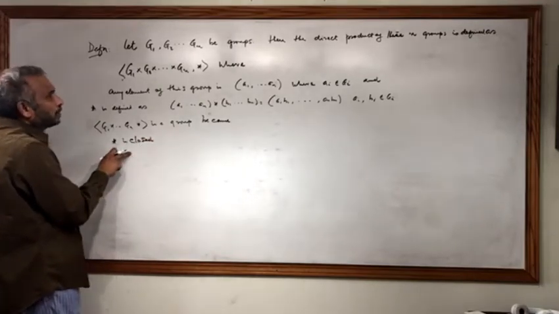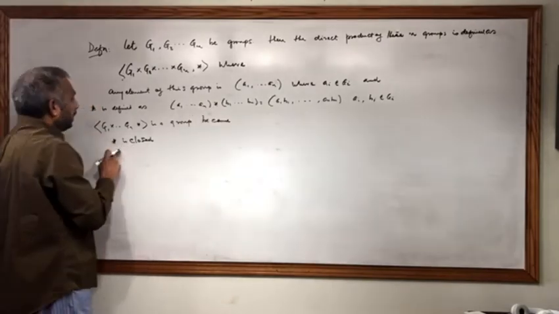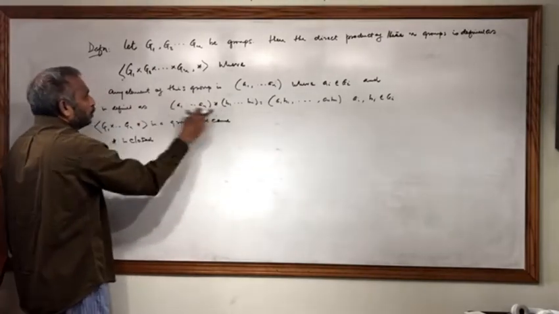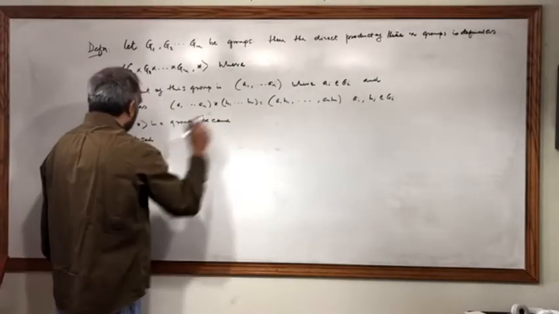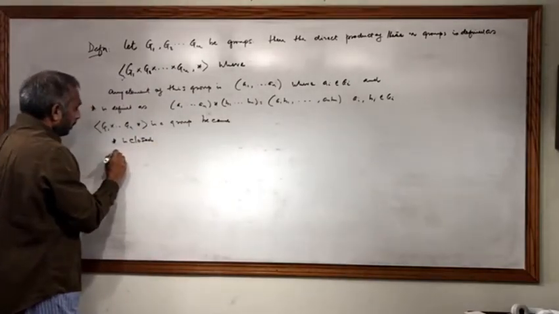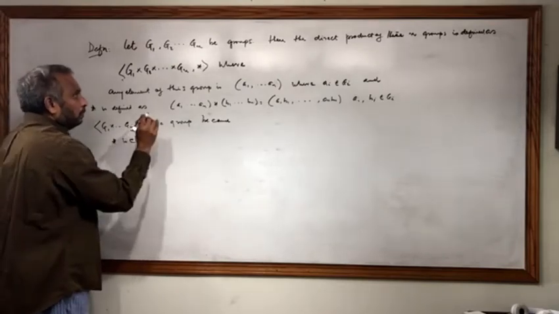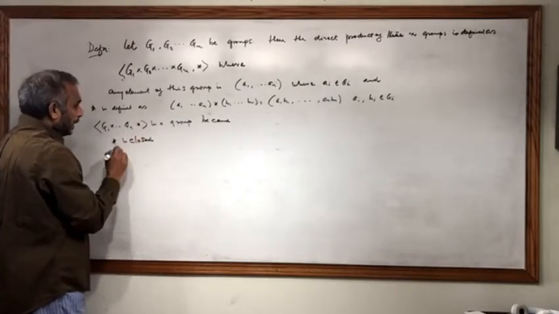That is obvious from the definition, meaning if you take any two elements from here, this is a valid definition. And we need to identify the identity of the group.